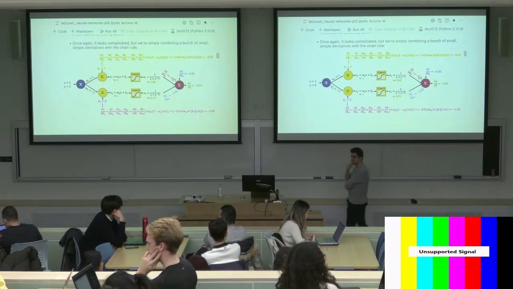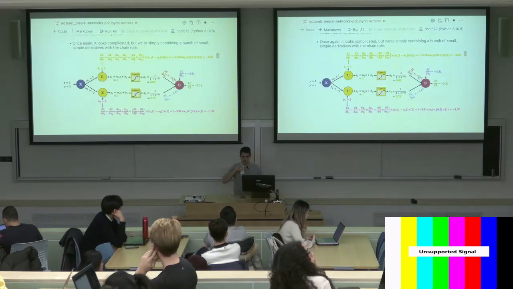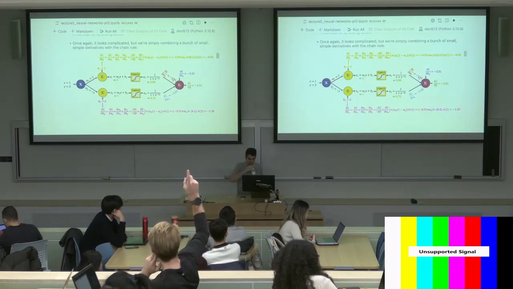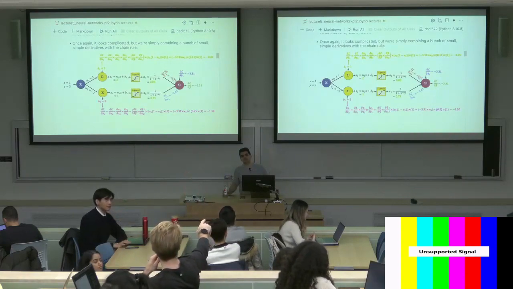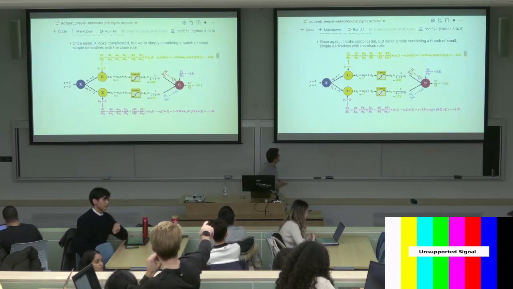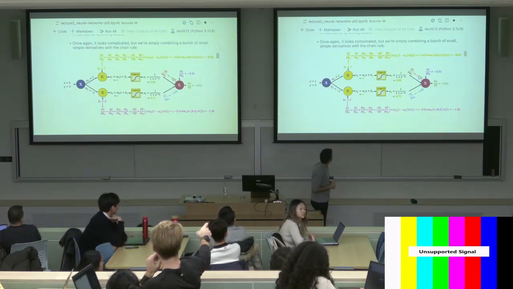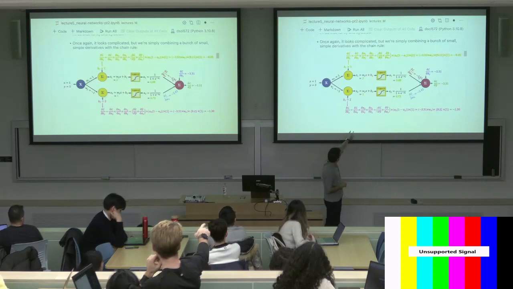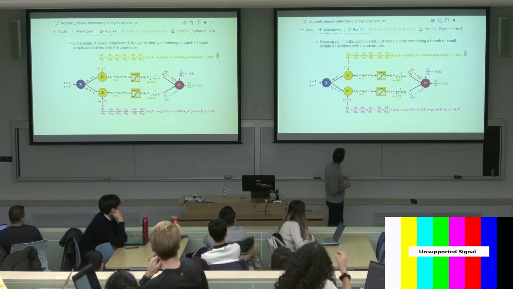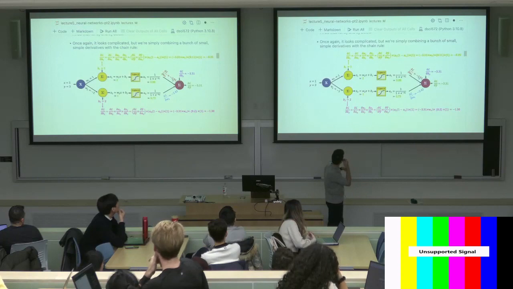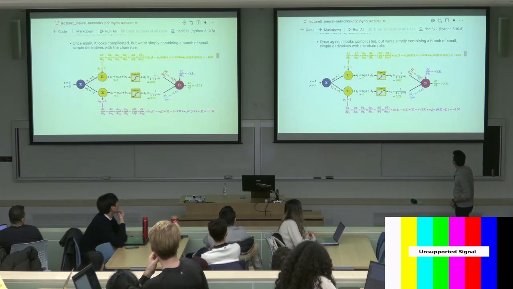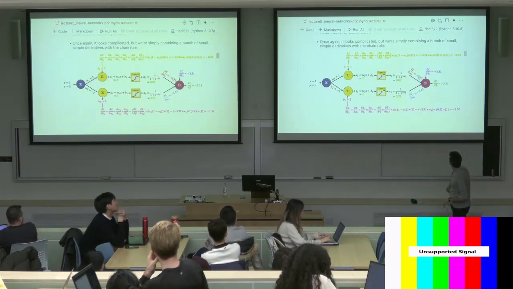Questions? Yeah, this one. Okay, let's see. So we have partial N to partial, okay, and then partial A2 to partial Z2.